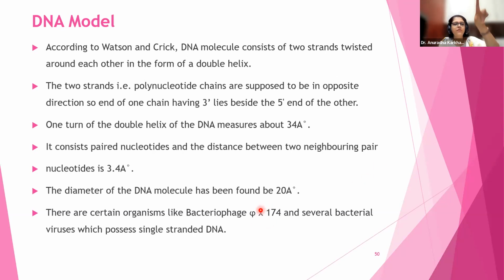Any point not followed or not understood on your screen right now? These questions are very frequently asked in your exams: what are the distances, how many turns, and all those things.